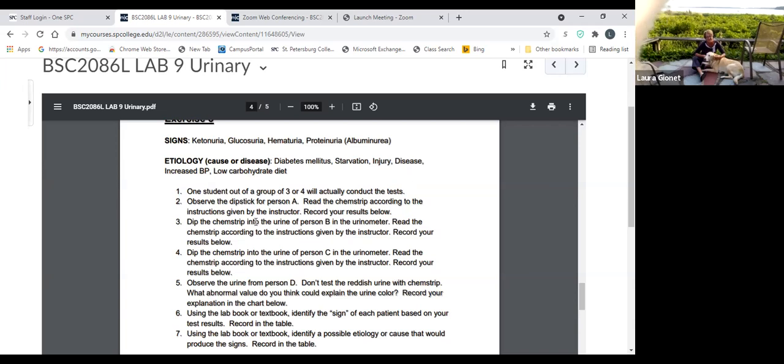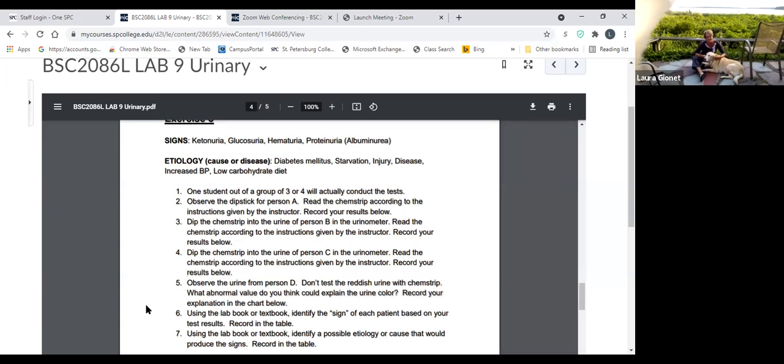You can read through the directions, because we had 4 different specimens. One specimen came with a chem strip already dipped, with an arrow pointing to the pad they wanted you to look at.